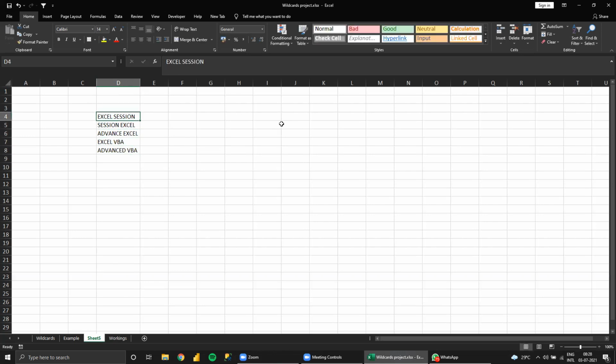Suppose we have it like this. Now I need to count how many times Excel is there. Normally we don't have counts for Excel, VB and so on, but I want the count of Excel, how many times it appears. We could take the left side of Excel, extract and count, but without that I want to extract the count directly.